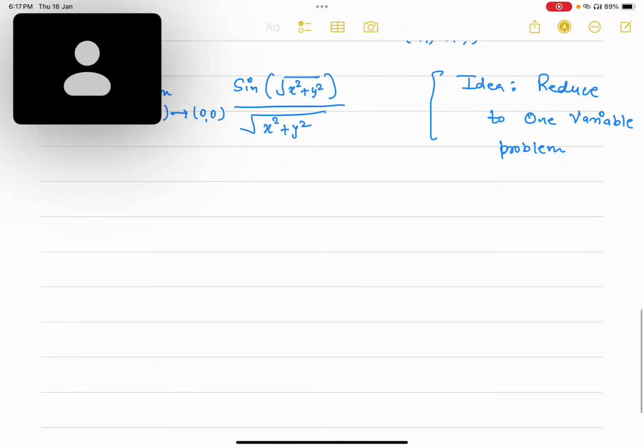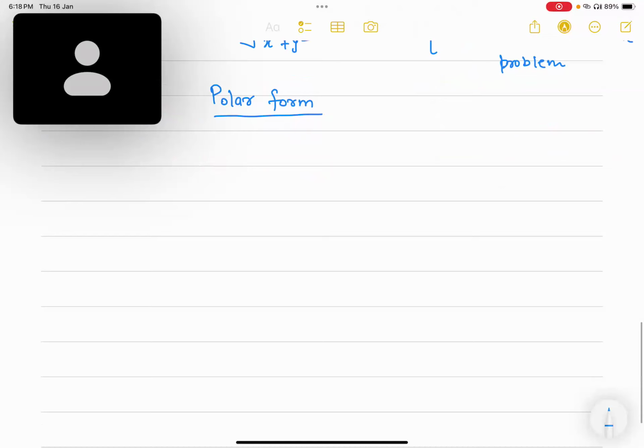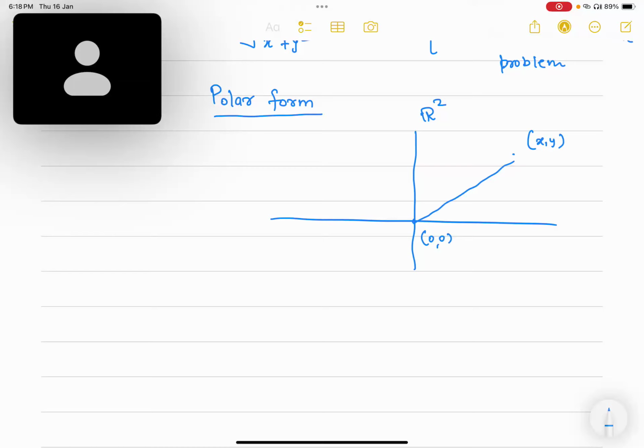The best way to reduce a two variable problem into one variable is the polar form. So what is a polar form? Suppose this is your R2, and here is your point x comma y, and this is your origin. We say this is your distance r. R is the distance of this point (x,y) from origin, so this will be under root x square plus y square. Suppose this angle is theta.